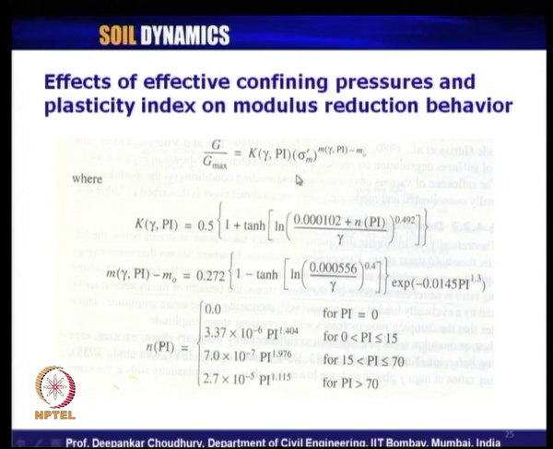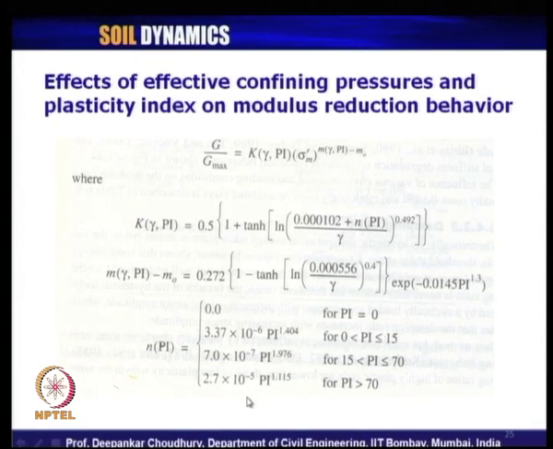and this coefficient m, which is again a function of gamma and PI, minus m naught, is expressed like this. And this function n of PI, you can look at here, for different values of PI, values are listed.